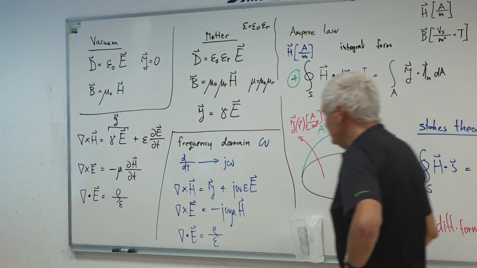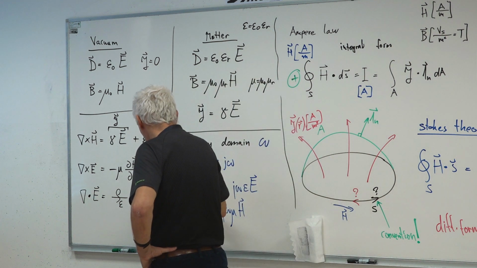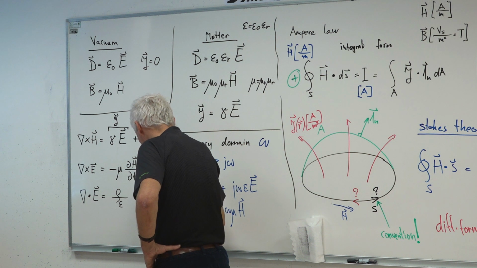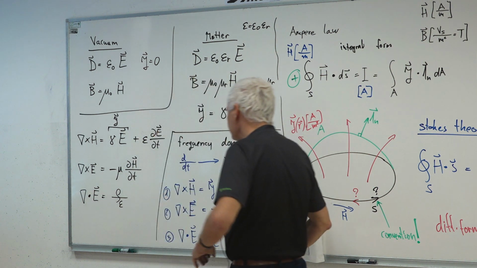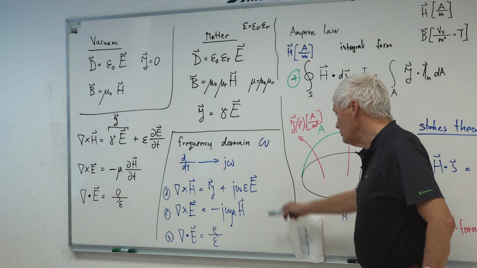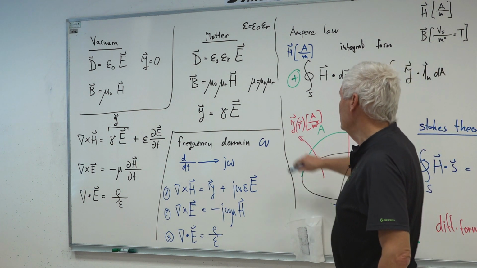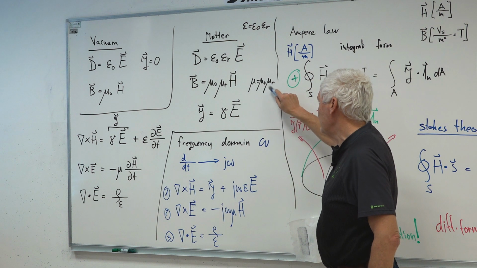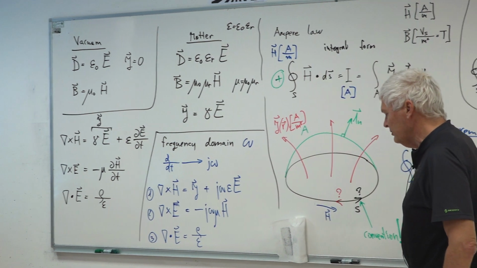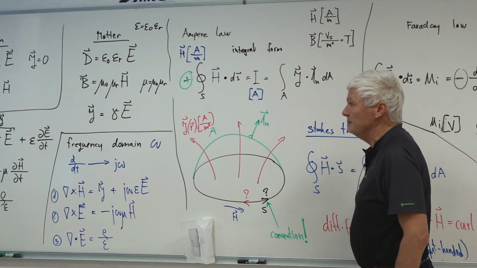This is rewriting the Maxwell equations now for matter and in the frequency domain. And this is what we actually are going to use. Now you may argue, as you heard with the fundamentals, that the relative permeability of some materials like iron may be highly nonlinear.